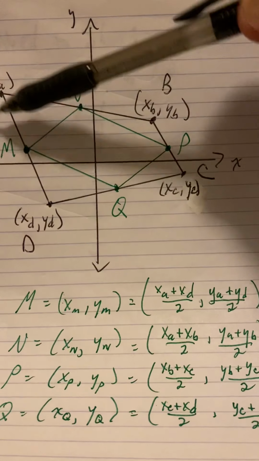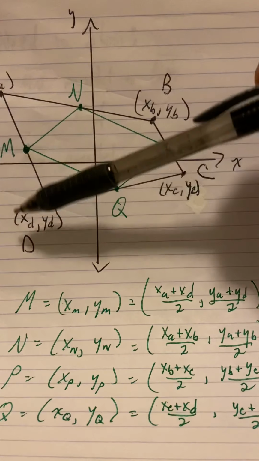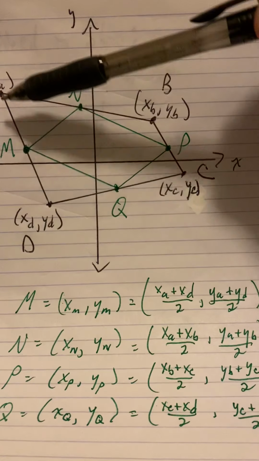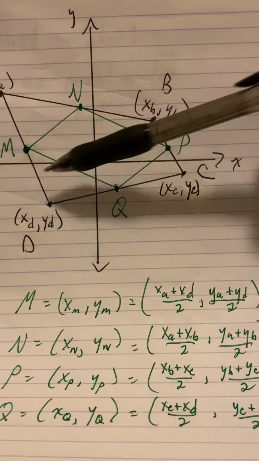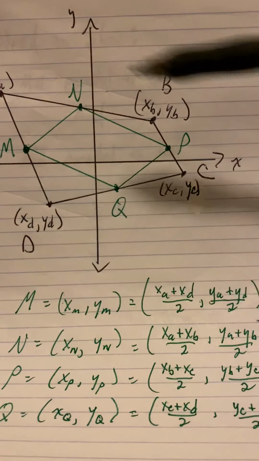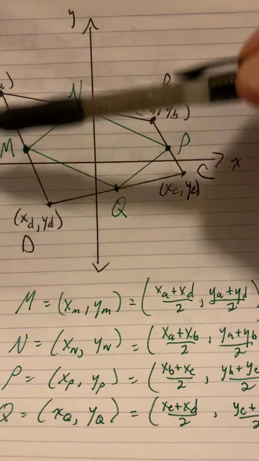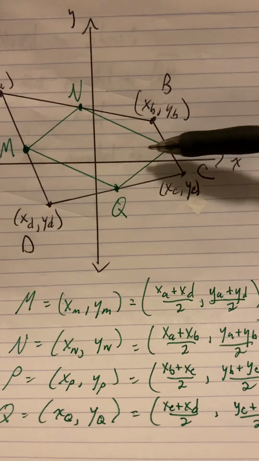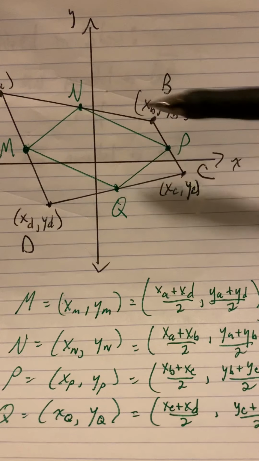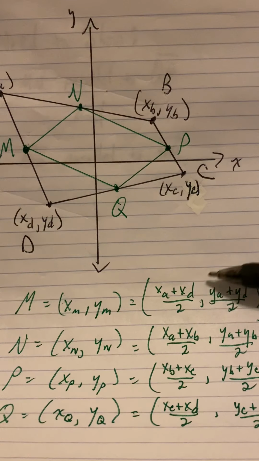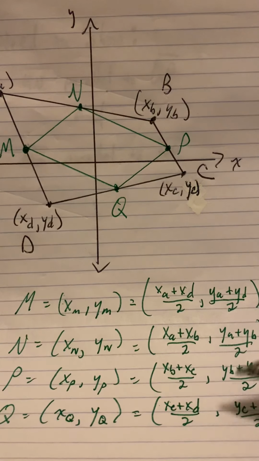So M here is (x_A plus x_D) cut in half, and (y_A plus y_D) cut in half. That's the coordinates for M. So we get any 4 points, and we find the midpoints, and we have the midpoints here.